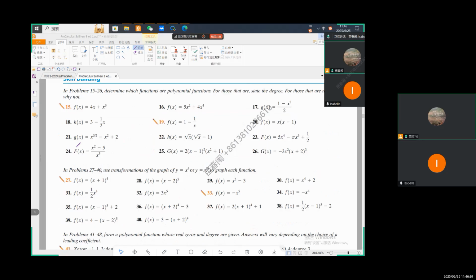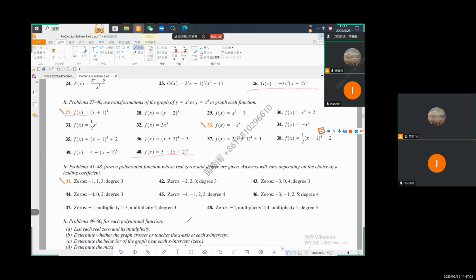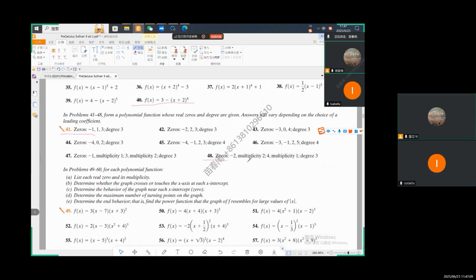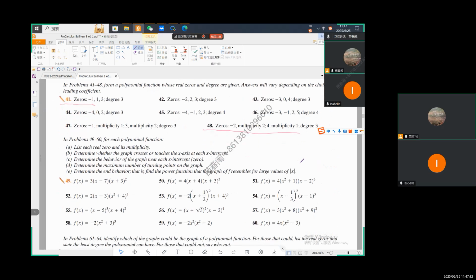If you only have one hour, then they have 15 to 26 on page 185. For each part, you're doing the first one and the last one if you don't have a lot of time. Okay, can you repeat the homework? 15, 26, and 27 and 40, and 41, 48. Of what section?